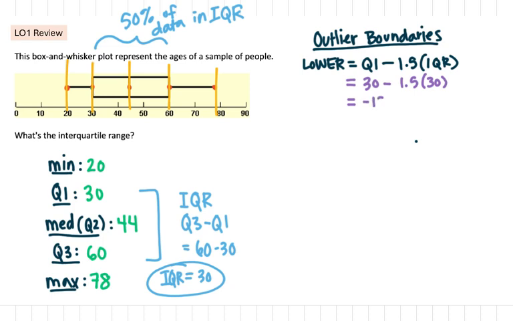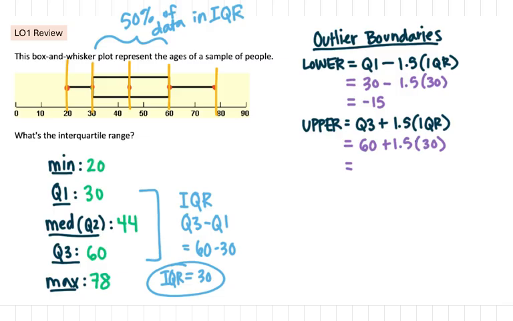And so we get the lower boundary is minus 15. The upper boundary for outliers, you would do Q3 plus 1.5 times the interquartile range. So 60 plus 1.5 times the interquartile range of 30, and we would get the upper boundary for outliers being 105.